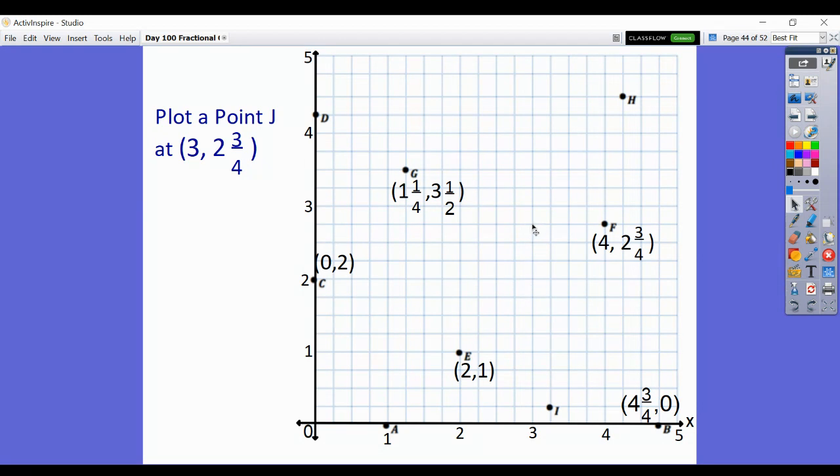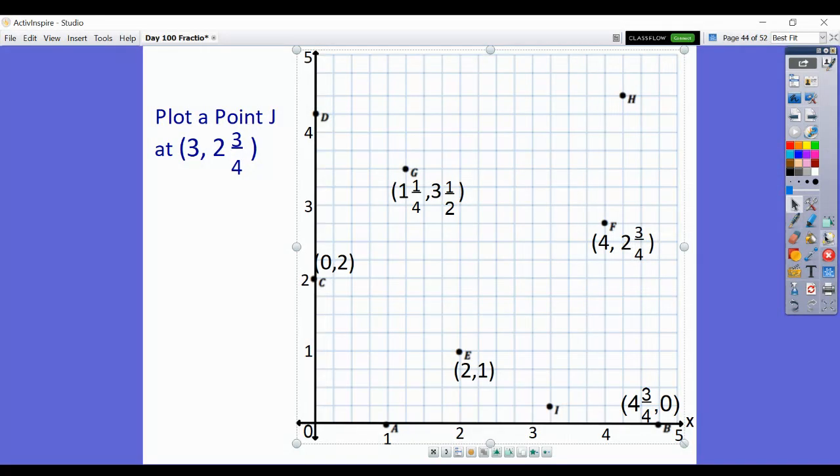Looks like it's right there. It's going to be right at 3 and 2 and 3/4. Looks like it's going to be right there.